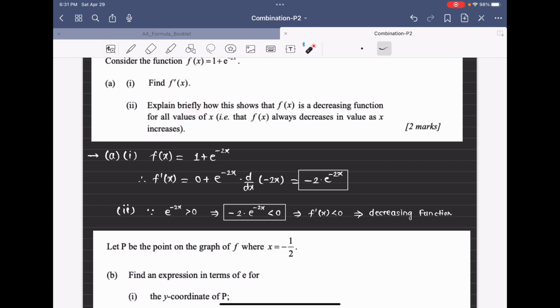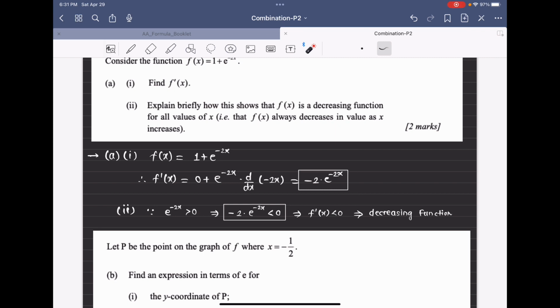Explain briefly how this shows that f of x is a decreasing function for all values of x, that is, f of x always decreases as the value of x increases. You can show it by graph, but the simple logic is that for any value of x, e raised to minus 2x is always greater than 0 because it is an exponential function.